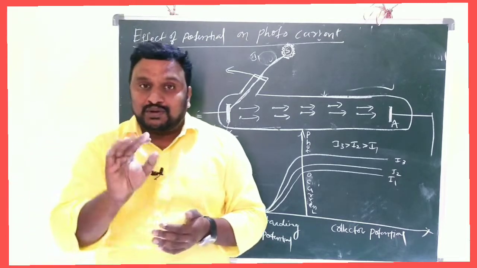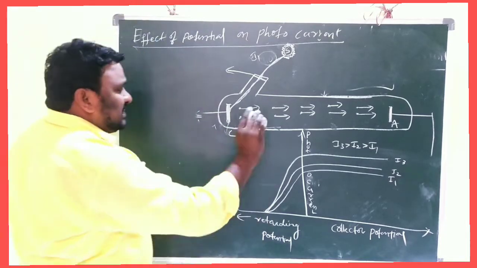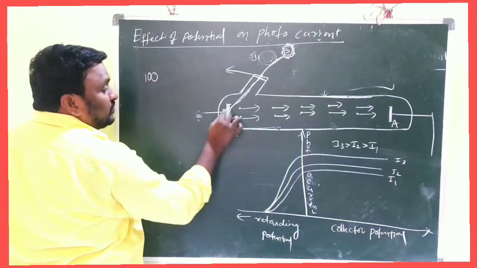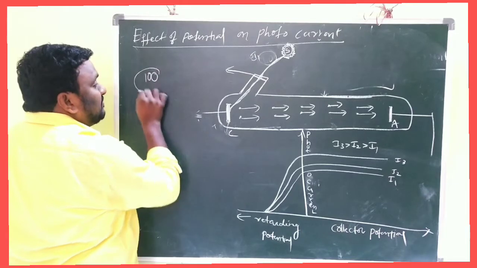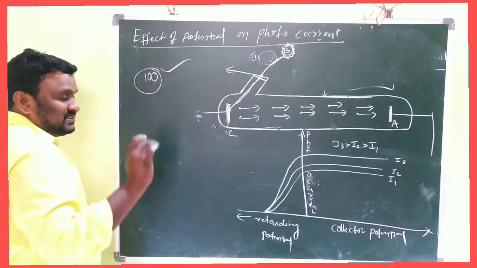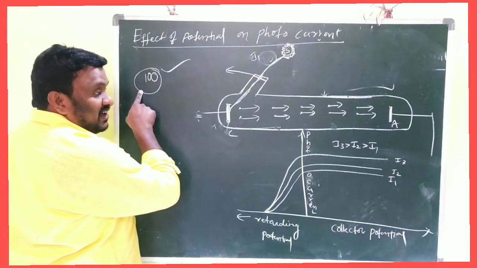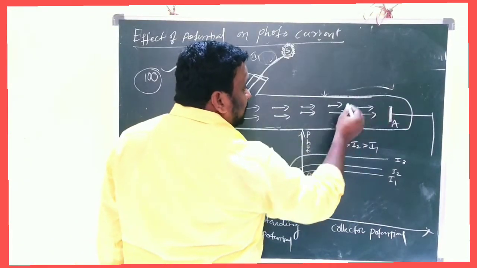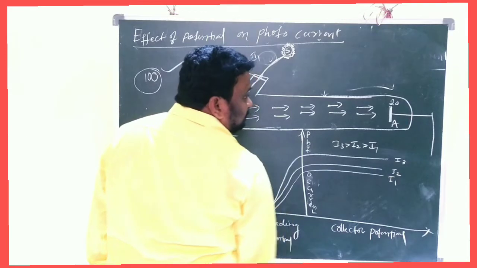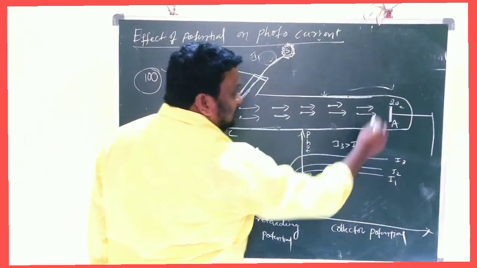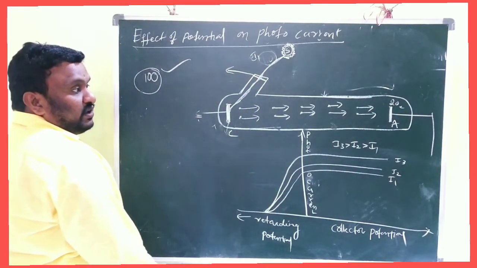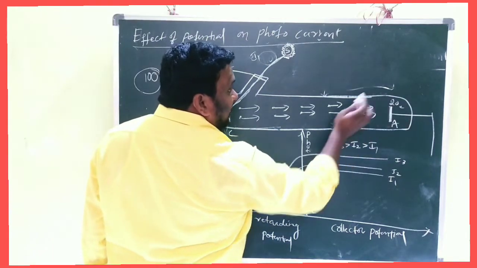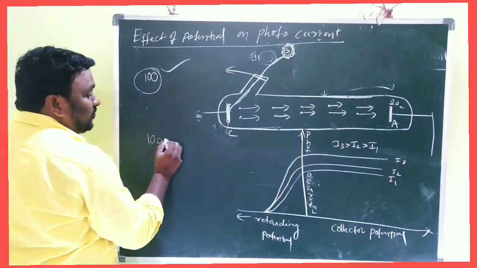For example, to understand this, just imagine this C emits 100 electrons. Just imagine it liberates 100 electrons. When we give some initial potential, the A will receive 20 electrons out of 100.